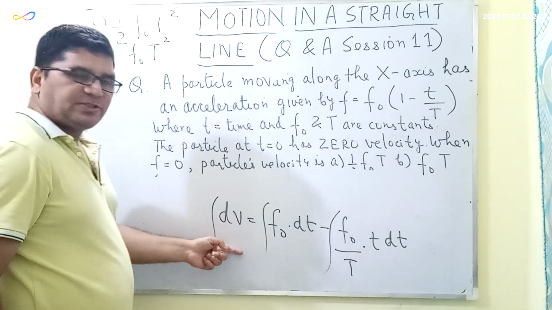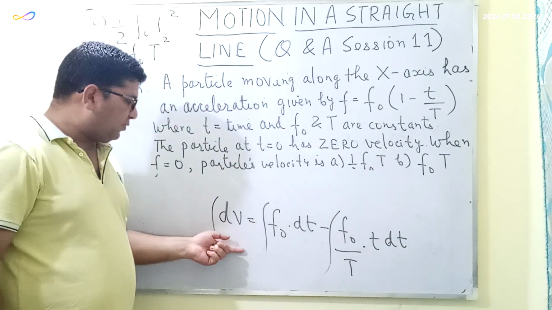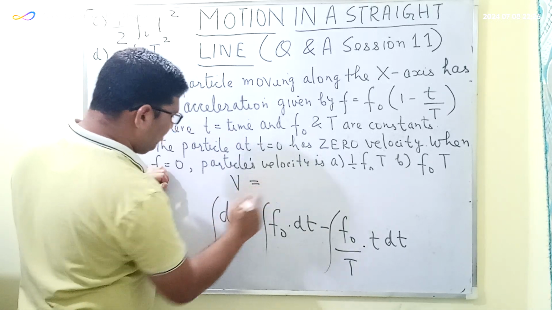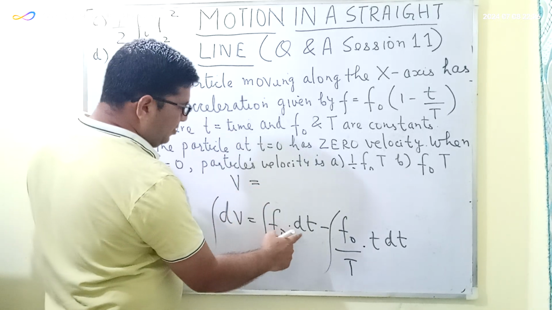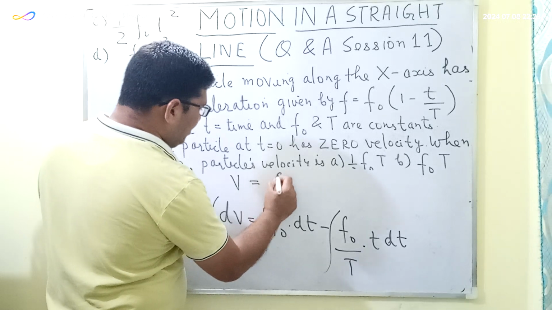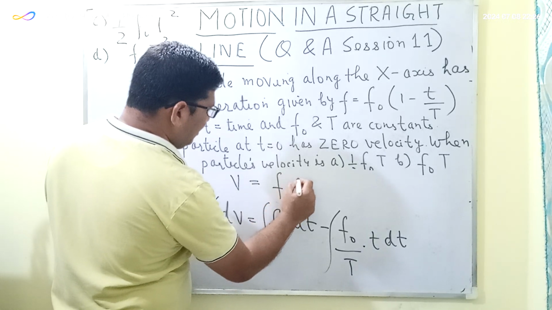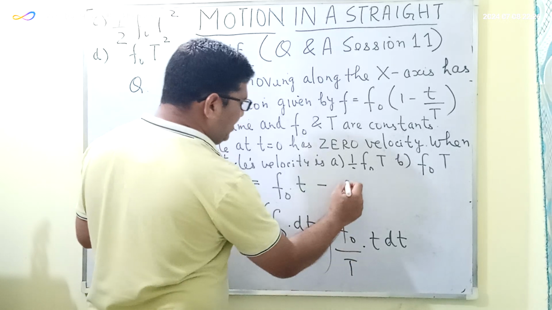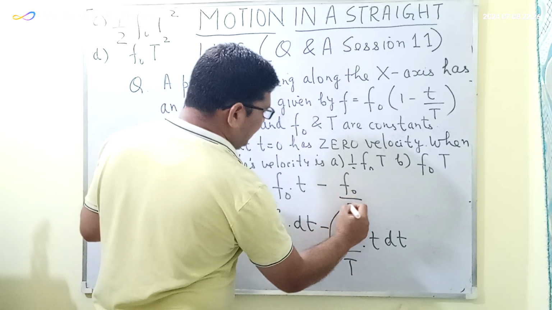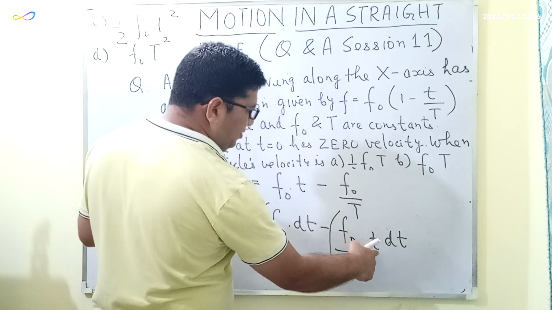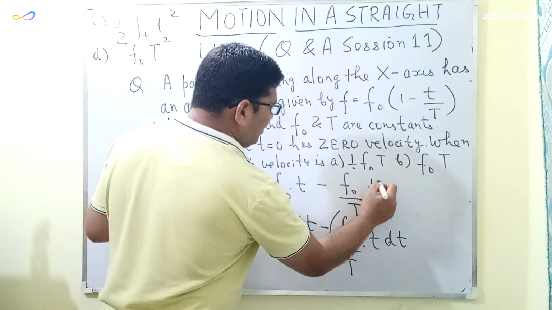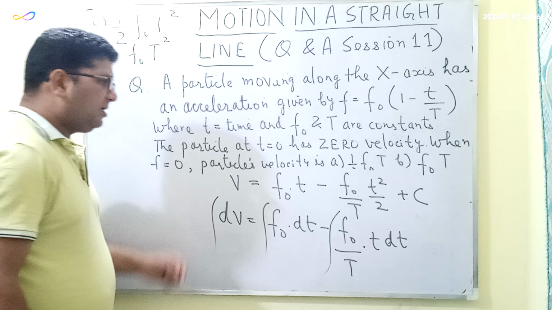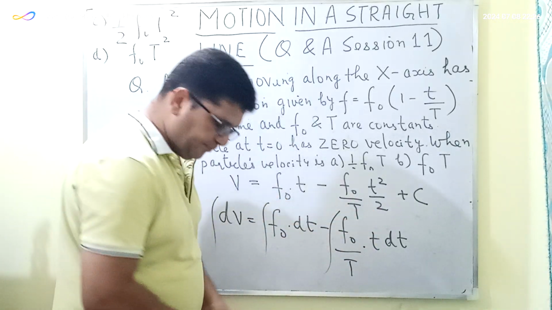So by integrating this equation, we will be getting the equation for the instantaneous velocity, which will be equal to, now v is equal to, this is a constant, so the integration of this will be equal to f naught into t minus f naught upon T, which is a constant, so this can be taken outside, and the integration of this t will be equal to t square upon 2, plus I will be getting one constant of integration which I have written as c.